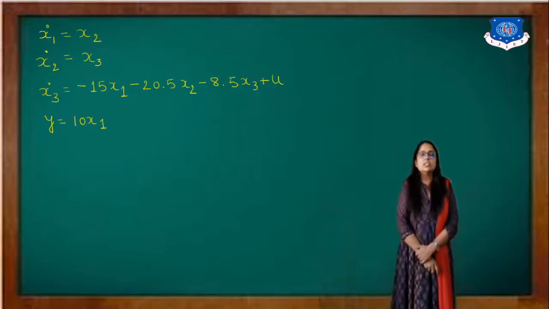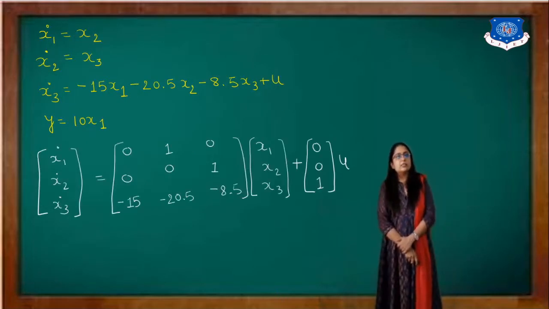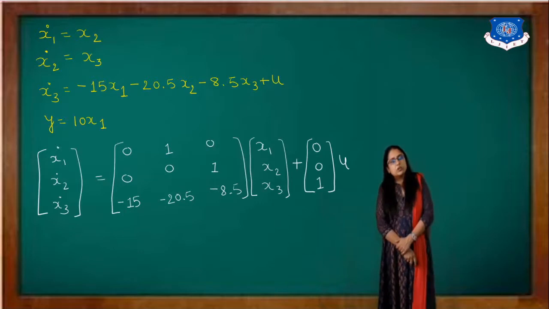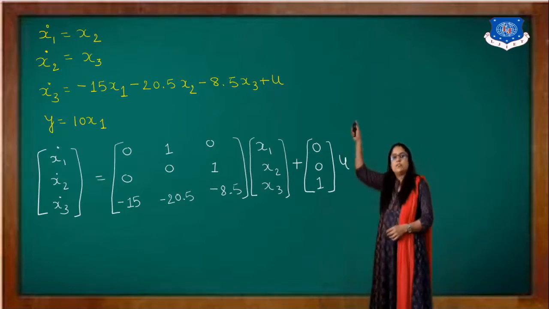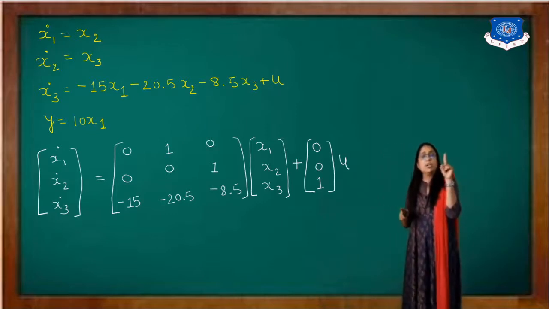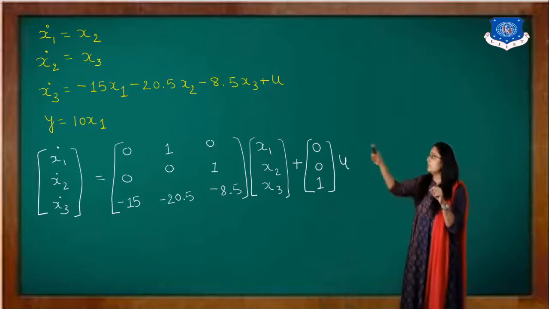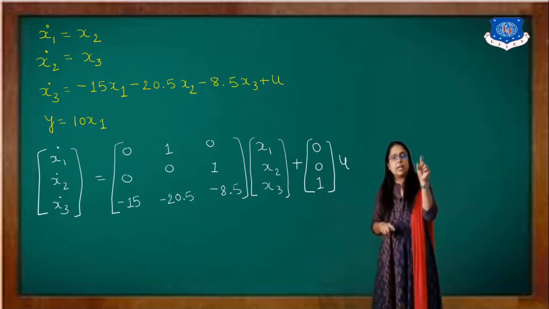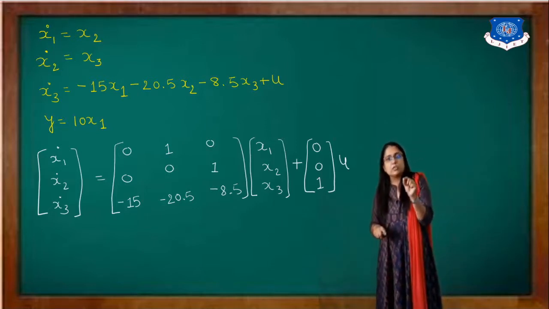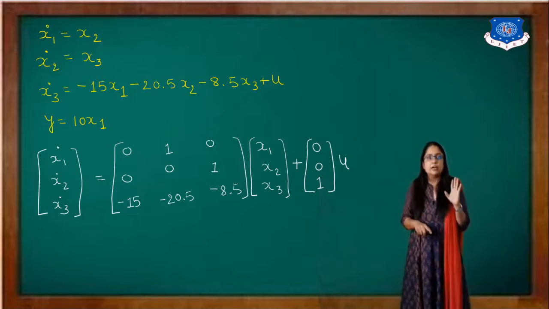So now based on this, we can easily write the state space equations. Right? x1 dot, x2 dot, x3 dot. Check the first equation: in that we have only one x2, that's why 0, 1, 0. In x2 dot we have only x3, so x1 is 0, x2 is 0, and in place of x3 we have a 1.